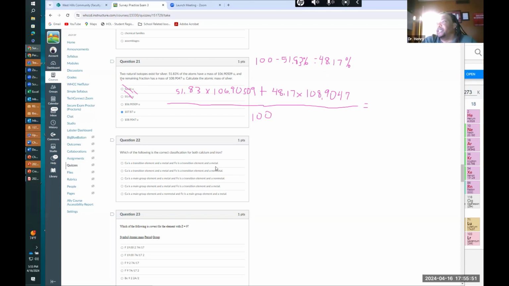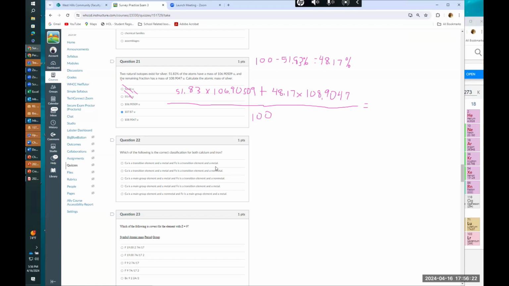C. Calcium is a main group element and a metal. Iron is a transition element and a nonmetal. D. Calcium is a main group element and a metal. Iron is a transition element and a metal. E. Calcium is a main group element and a nonmetal. Iron is a main group element and a metal.